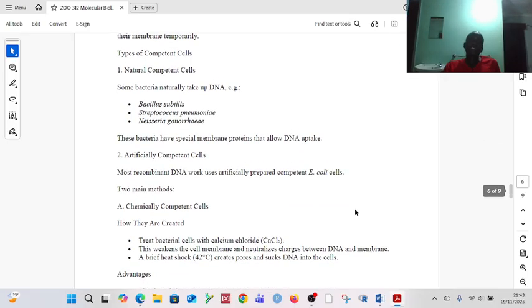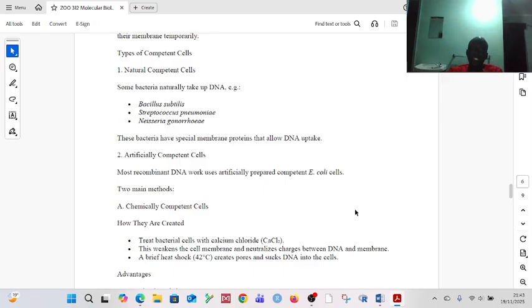Other cells that are not competent by nature should be made competent artificially. Artificial competence in cells can be attained through two main methods. One is a chemical method.